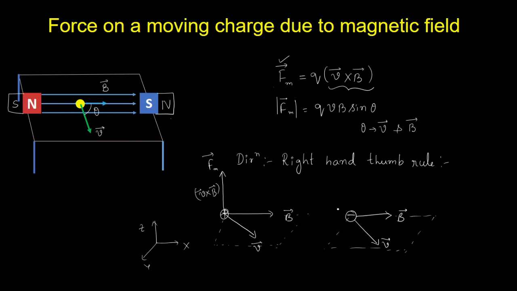Again, the magnetic force will be in a direction perpendicular to the plane containing V and B. So this will be the perpendicular direction.